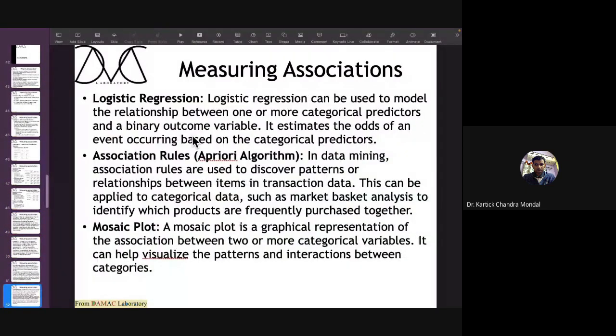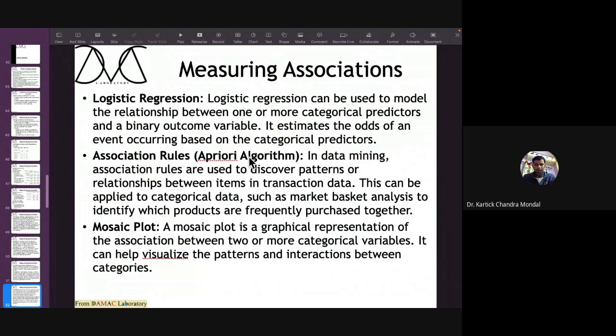Also, you may have used, or will use in this workshop, logistic regression. Another important measure is the association rule, and there are many algorithms, one of which is the apriori algorithm.